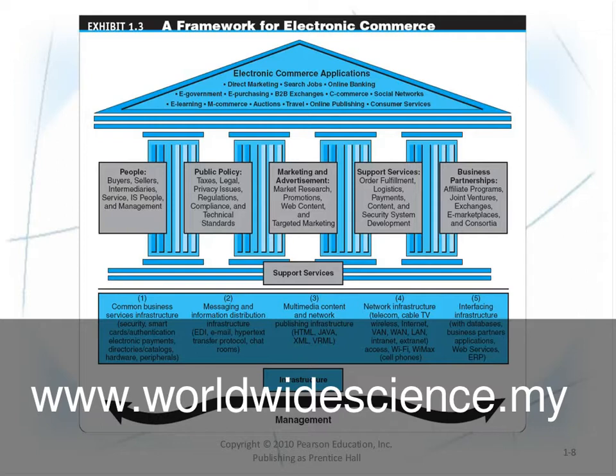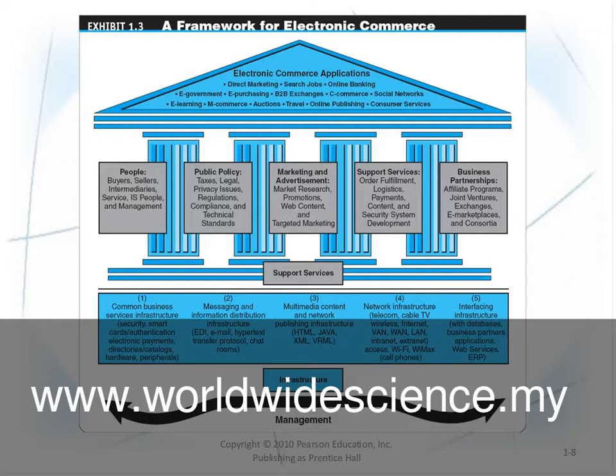In the next level, we will have support services. As I said, we have people, public policy, marketing and advertisement, support services, and business partnership. When we say people, we mean buyer, seller, intermediator. When we say public policy, we talk about taxes, legal and privacy issues, regulation.